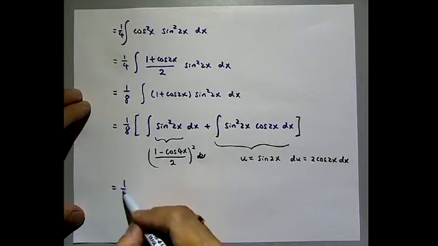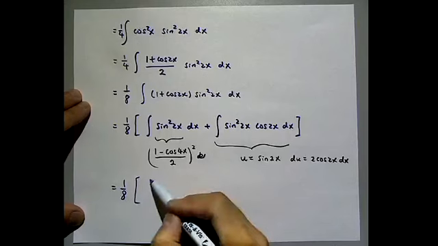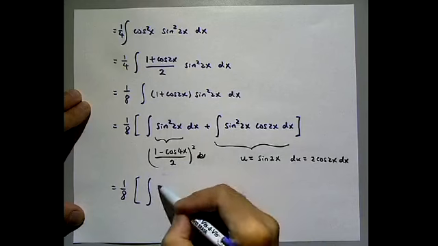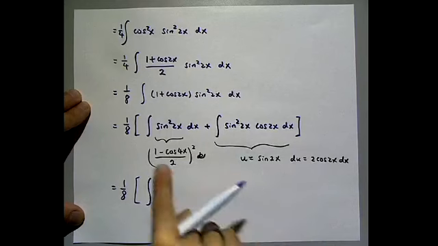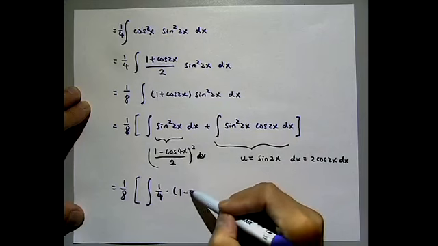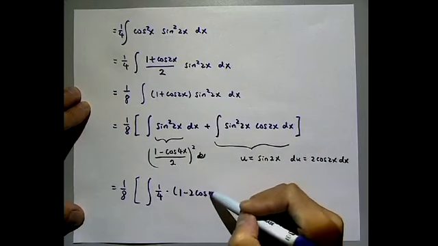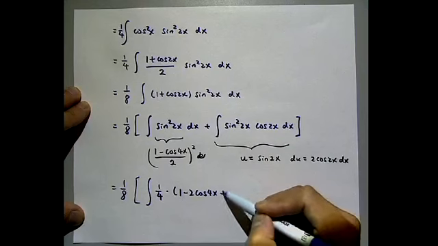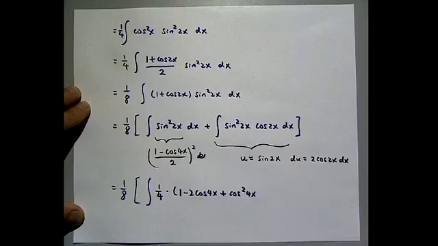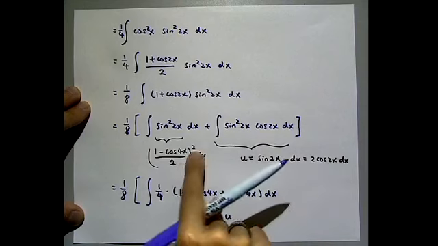We get 1/8. Here we get 1 over 4 times this thing squared, 1 minus 2 cosine 4x plus cosine squared 4x.